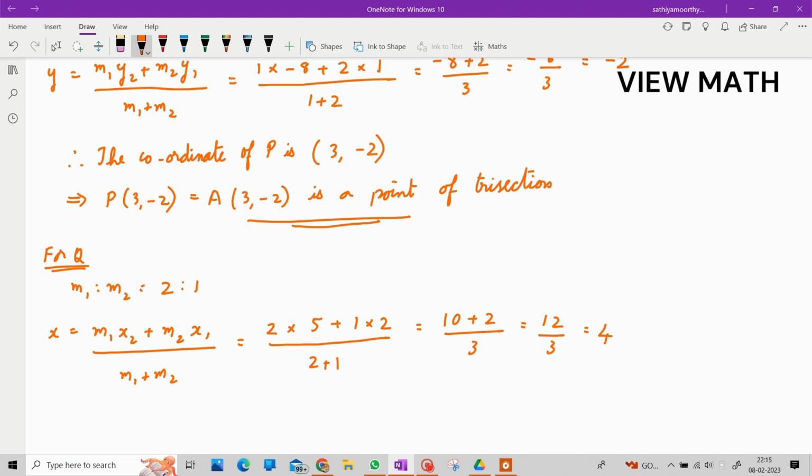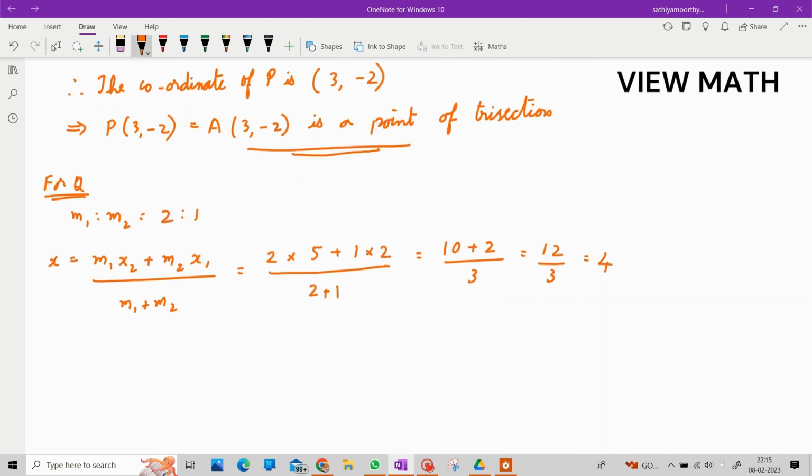Now let me find out the y coordinate. Y is equal to (m1 y2 plus m2 y1) by (m1 plus m2). So this is equal to m1 is 2, y2 is minus 8, plus m2 is 1 and y1 is 1, divided by 2 plus 1.